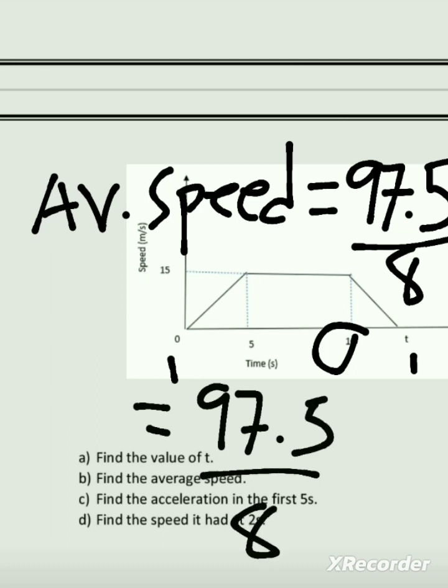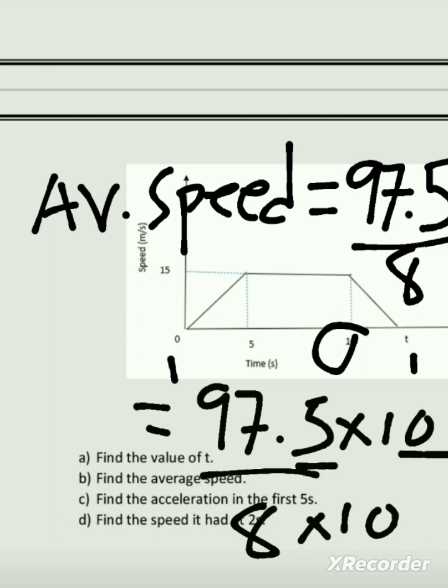To remove the point, you can multiply both sides by 10. When you want to remove the point, you multiply by 1 followed by zeros. The number of zeros is the same as the number of digits on the right side of the point. In this case, there is 1 digit. So we multiply with 1 and 0. Okay, 97.5 times 10 is going to be 975. 8 times 10 is going to be 80.